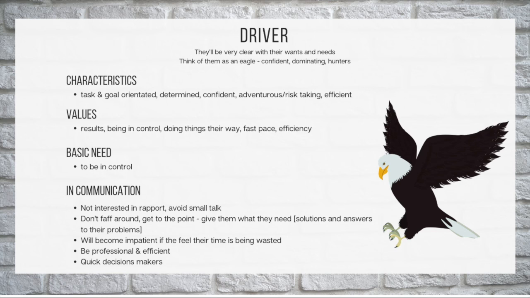So their characteristics, they are really task and goal orientated people, determined, confident, more willing to take a bit of a risk, and they are very efficient too. These people are more likely to be like your type A personalities or your entrepreneurial people.